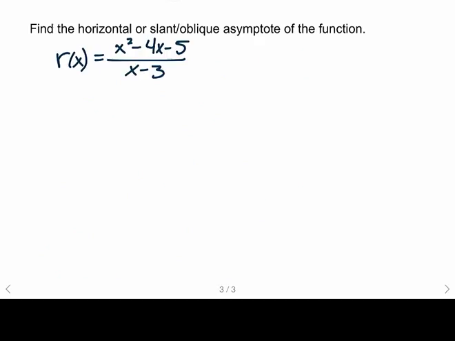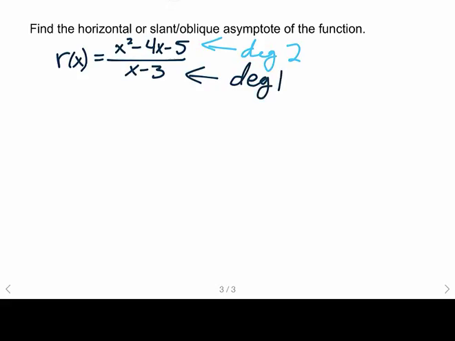Next, same instructions, but our function is r of x is equal to x squared minus 4x minus 5 over x minus 3. X squared minus 4x minus 5, the numerator is degree 2, that polynomial. The denominator, x minus 3, has a degree 1.